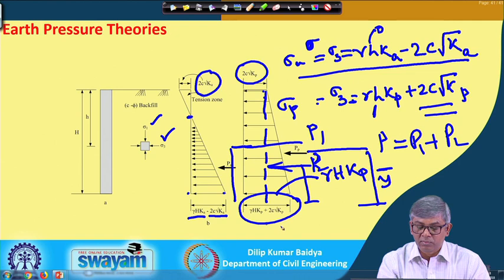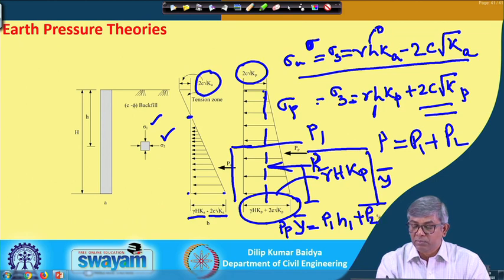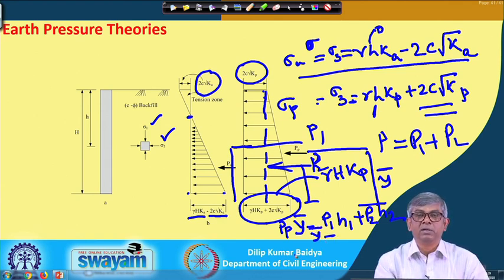Then P p multiplied by y bar will be equal to P 1 into H 1 plus P 2 into H 2. Everything is known, P 1 H 1, P 2 H 2, P p; the only unknown is y bar, so I can find it from this equation. That way one can find the total thrust and then the point of application.